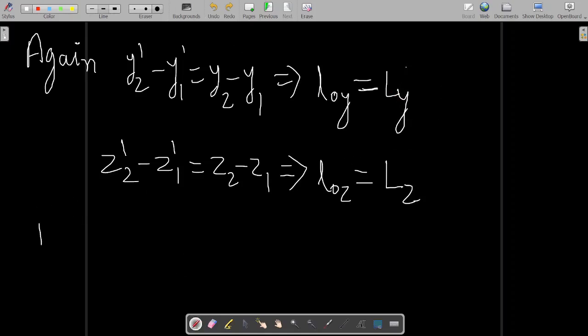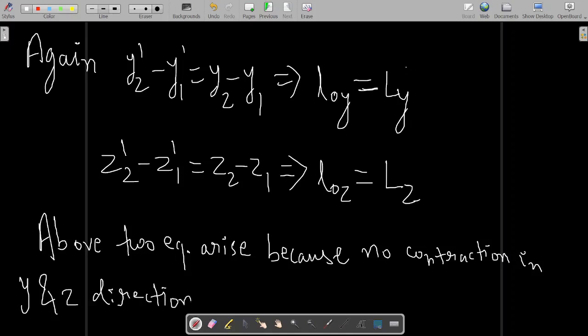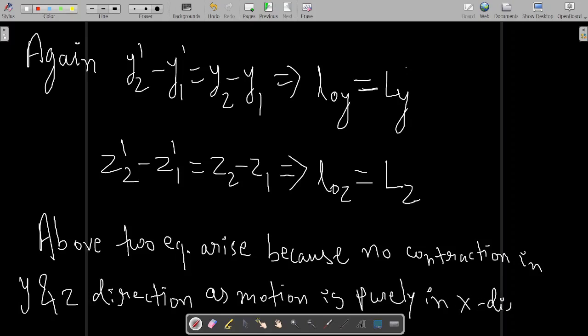The above two equations arise because there is no contraction in y and z direction, as motion is purely in x direction.